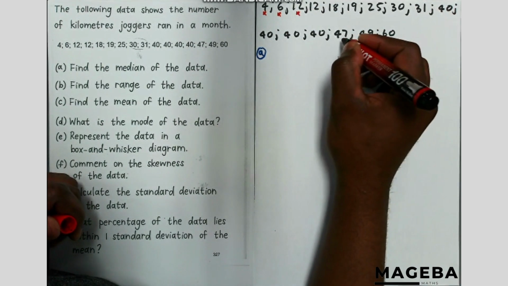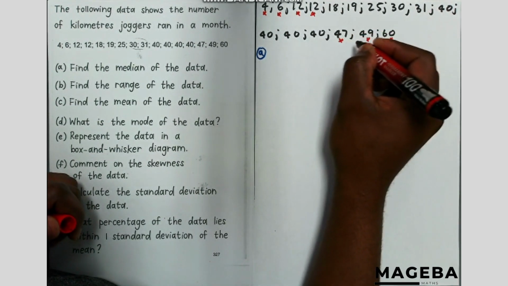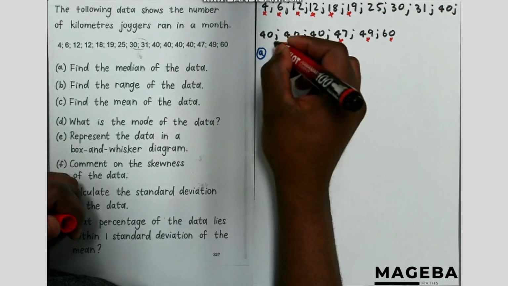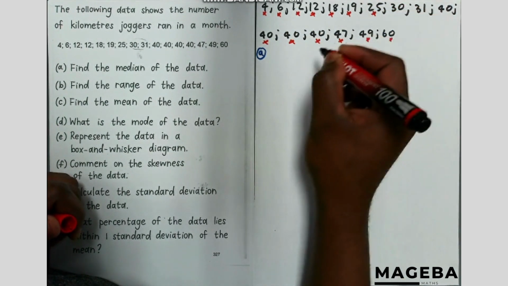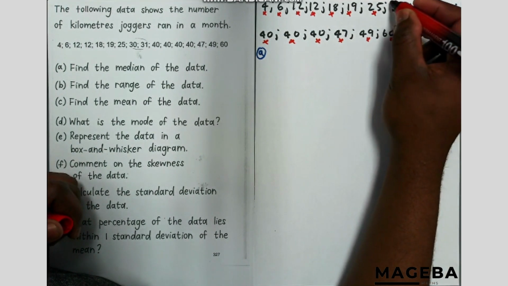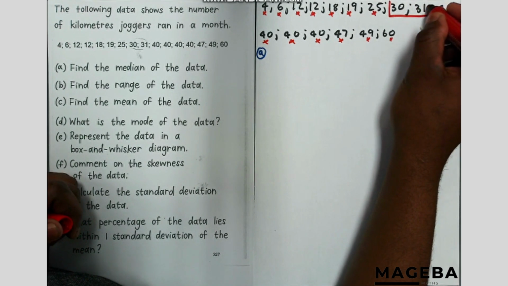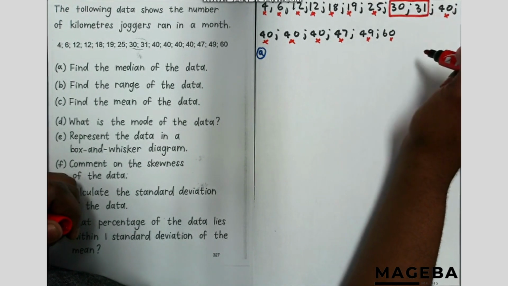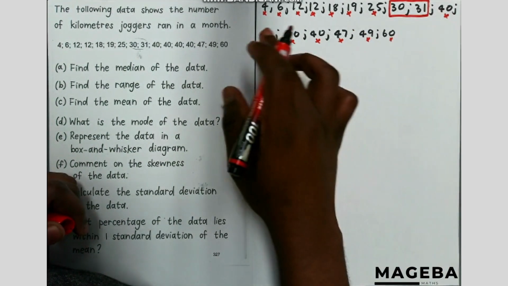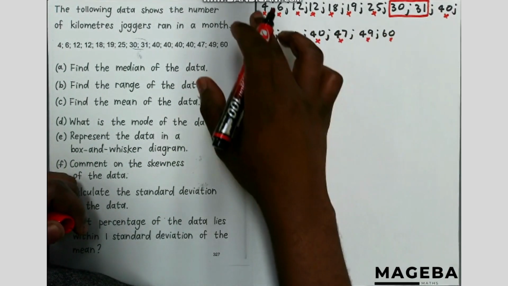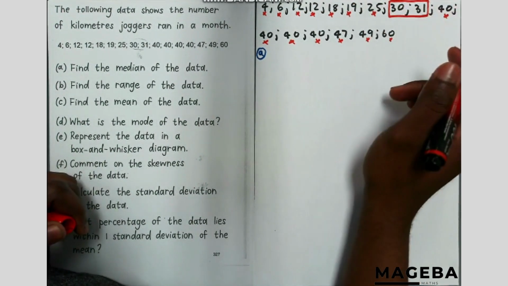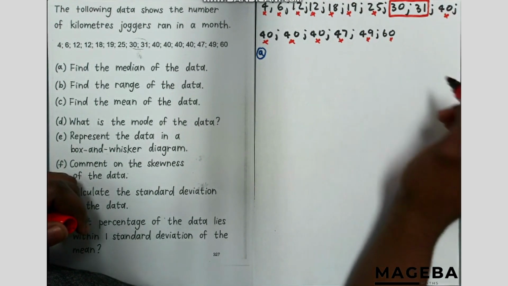I'm looking for the number in the middle, so I'm just going to eliminate until I find the middle numbers. Now if I do this, these two numbers are my middle numbers, because before I reach this there are 1 2 3 4 5 6 7, and 1 2 3 4 5 6 7, so these two numbers are in the middle.